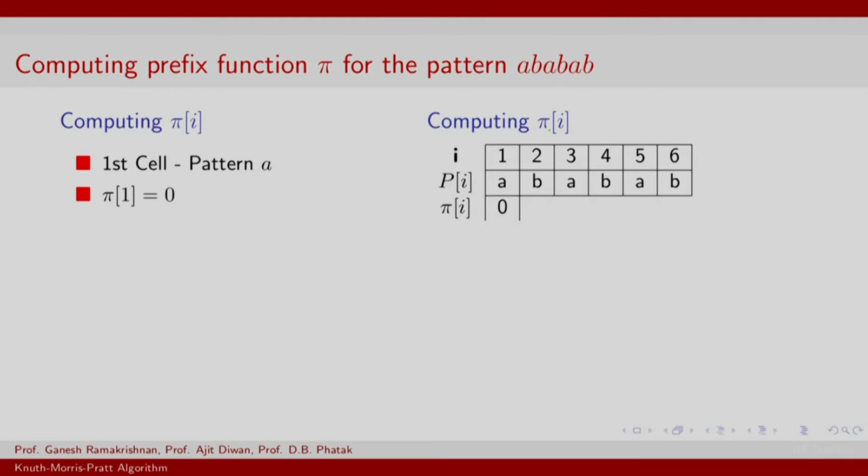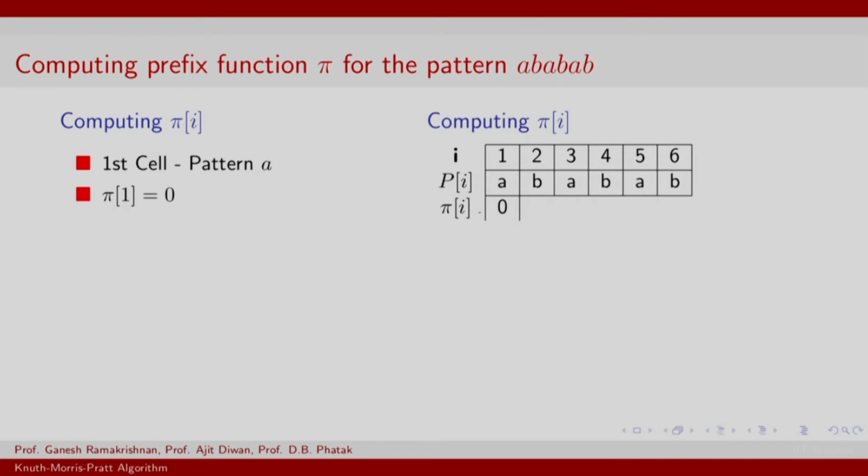So a brief recap: if your pattern P is ABABAB, we initialize pi 1, that is the index k, into the longest prefix of P that is a proper suffix of P1, that is A. There is actually only one character, so a proper suffix would only correspond to the empty prefix.